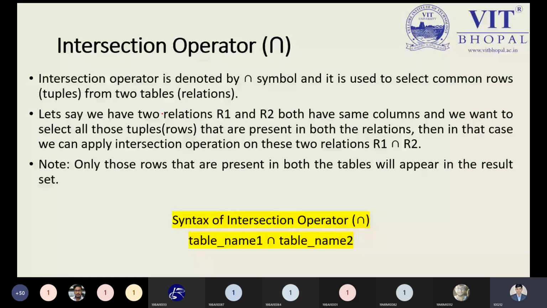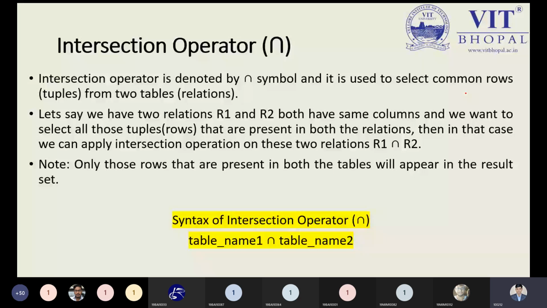The intersection operator is denoted by the opposite of the union symbol, and it is used to select the common rows. Please keep in mind, it will select the common rows from the two different relations.